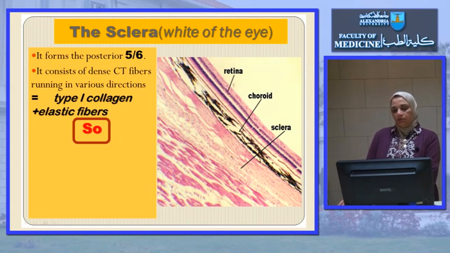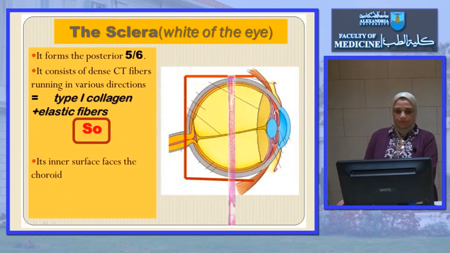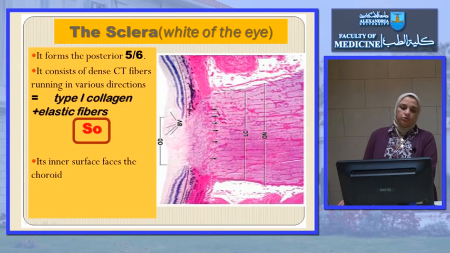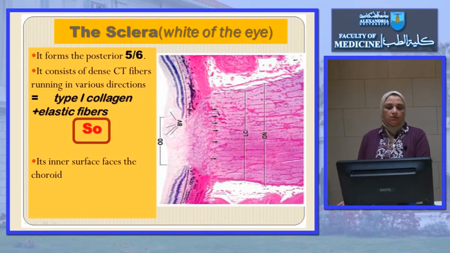You can see here that this is the sclera, this is the choroid, the middle layer, and the most inner layer is the retina. So you have to know that the inner surface of the sclera will face the middle layer, which is the choroid.